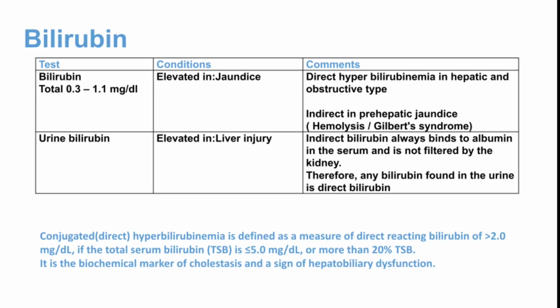Conjugated or direct hyperbilirubinemia is defined as direct bilirubin more than 2 milligram per deciliter when total serum bilirubin is less than 5 milligram, or direct more than 20% of the total serum bilirubin. So bilirubin is a marker of liver injury, cholestasis, or prehepatic jaundice like hemolysis or Gilbert syndrome.